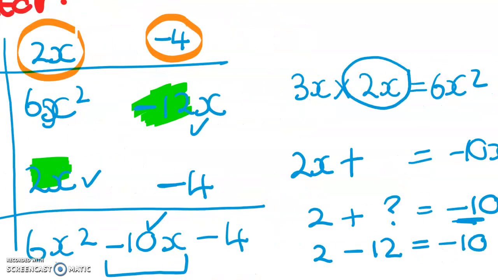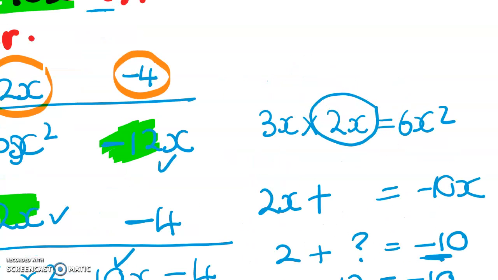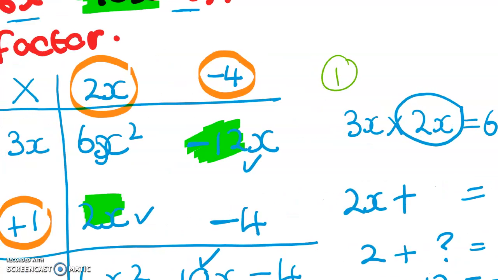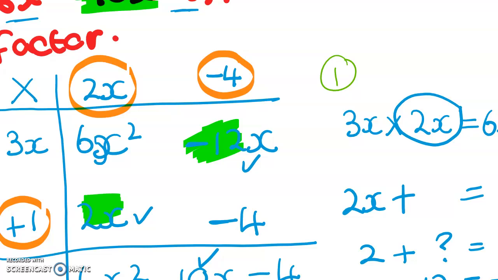So the first thing I did over on the left-hand side is that I said 3x multiplied by what will give me 6x squared? And it's 3x multiplied by 2x. So then I put in the 2x. That was step 1. Then step 2, the 1 came down and I multiplied 1 by 2x and that gave me 2x.